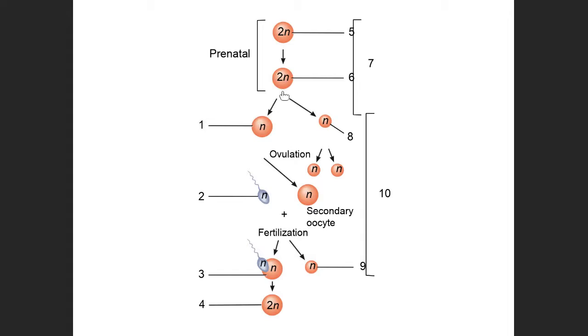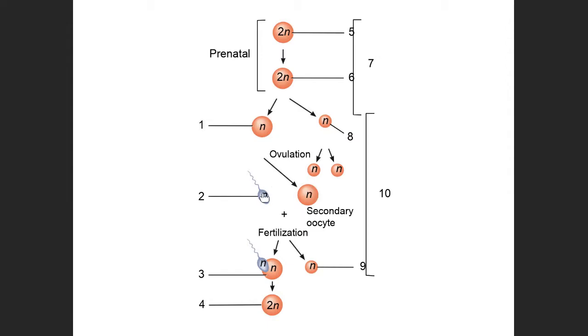The first meiosis takes place and it stops in prophase 1. After puberty, this prophase completes and you can see secondary oocyte and first polar body. Then the next meiosis starts and again it stops in metaphase 2.